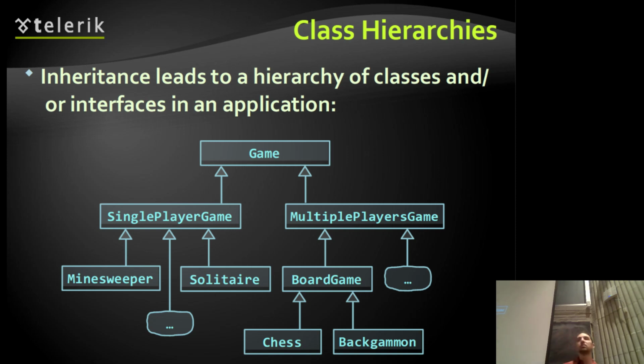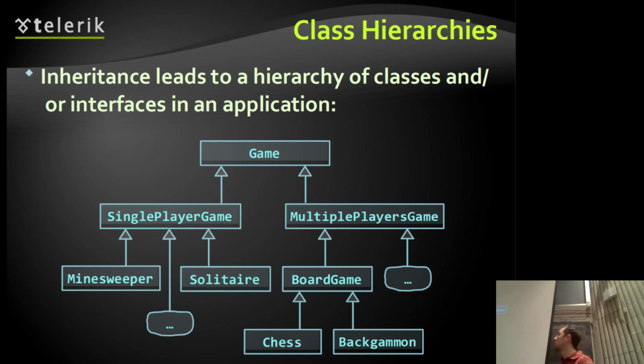We have two game types. A single-player game is still a game. A multiplayer game is a game, and there's that "is a" relationship. Minesweeper is a single-player game. Solitaire is a single-player game. They're obviously different. They would have different methods.